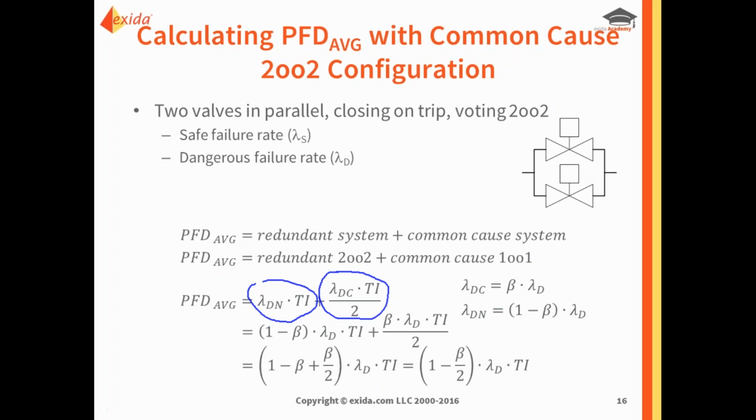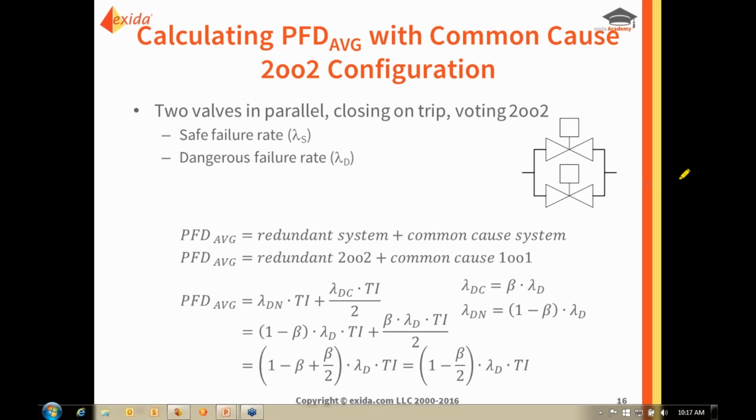We have the definitions of the common cause failure rate, beta times the dangerous failure rate, and the dangerous normal failure rate, 1 minus beta times the dangerous failure rate. Substituting those in the formula, 1 minus beta times lambda d, which is lambda dn, times ti, plus beta times the dangerous failure rate, which equates to the dangerous common cause failure rate, times ti divided by 2.